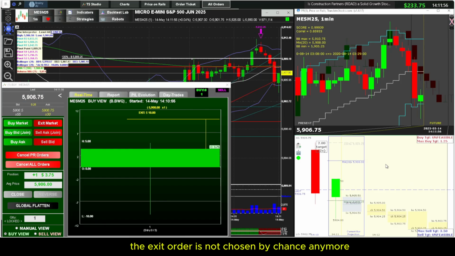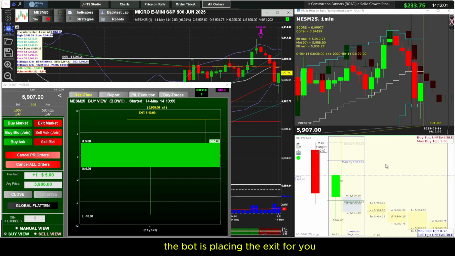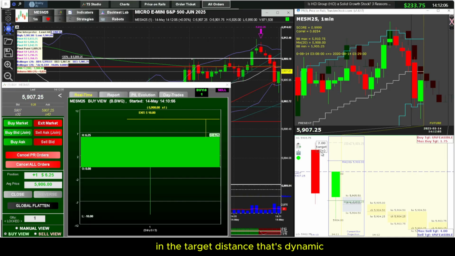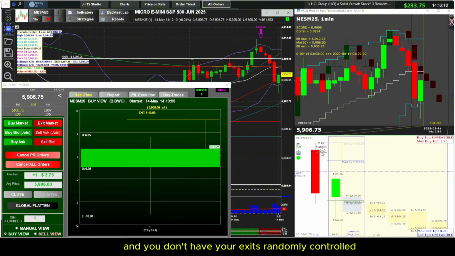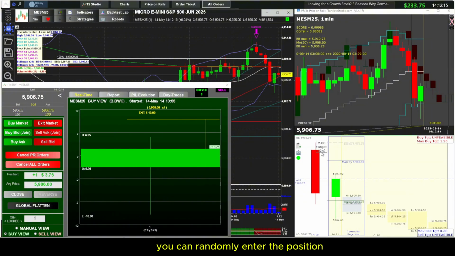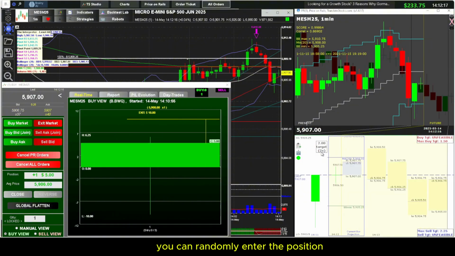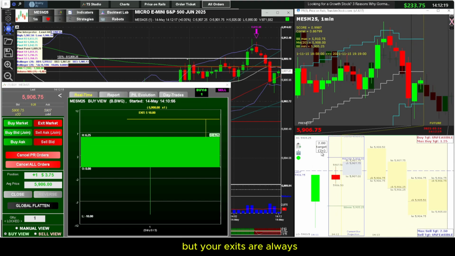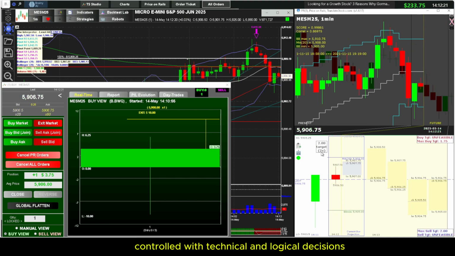First, the exit order is not chosen by chance anymore. The bot is placing the exit for you in the target distance that's dynamically calculated by a standard deviation, and you don't have your exits randomly controlled. You can randomly enter the position, but your exits are always controlled with technical and logical decisions.